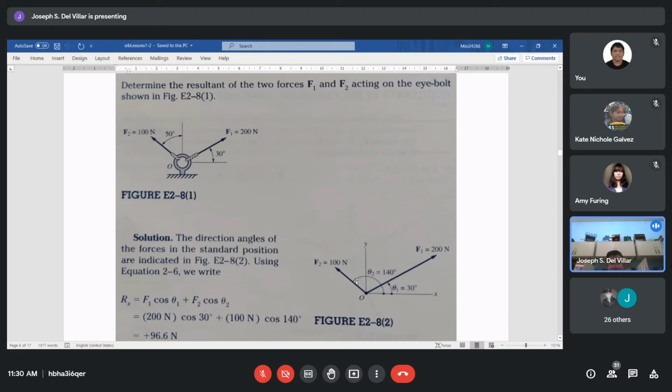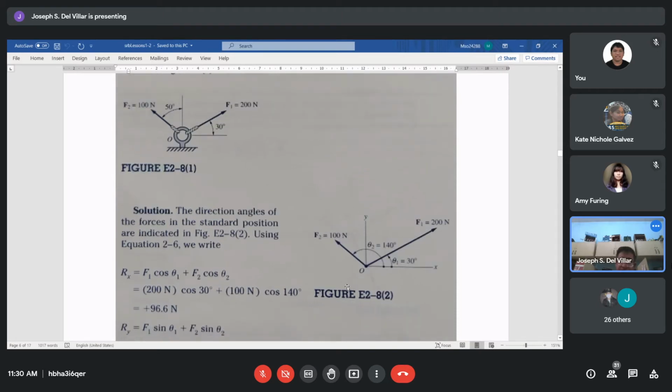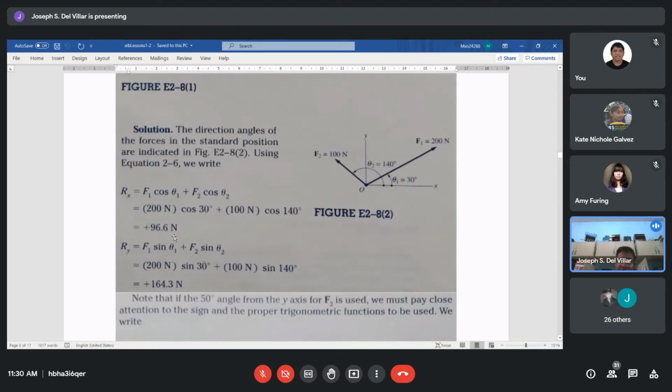Because nasa second quadrant, the x component is negative. Now similarly, for the y component, 200 sine 30 plus 100 cosine of 50. Okay? So you will get these values, 96.6 and then 164.8.